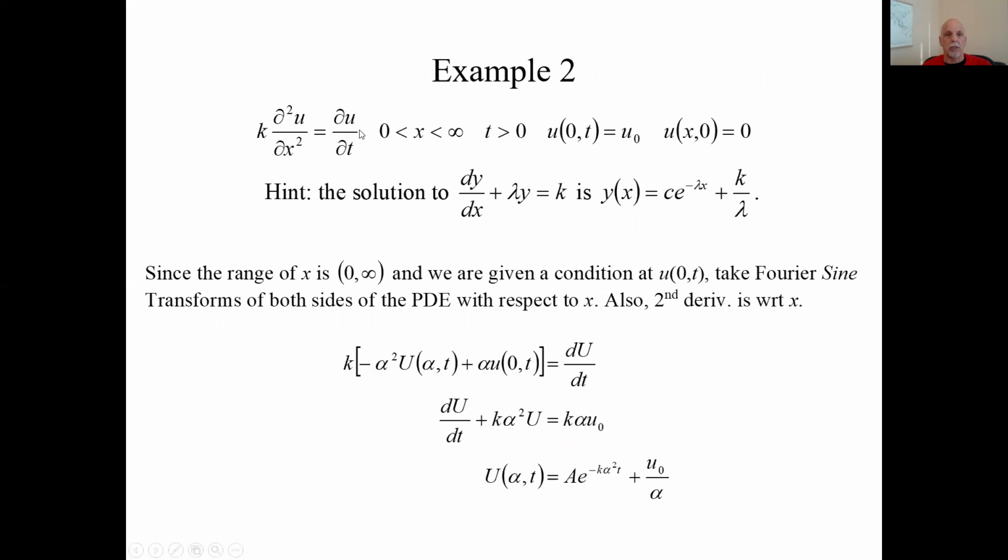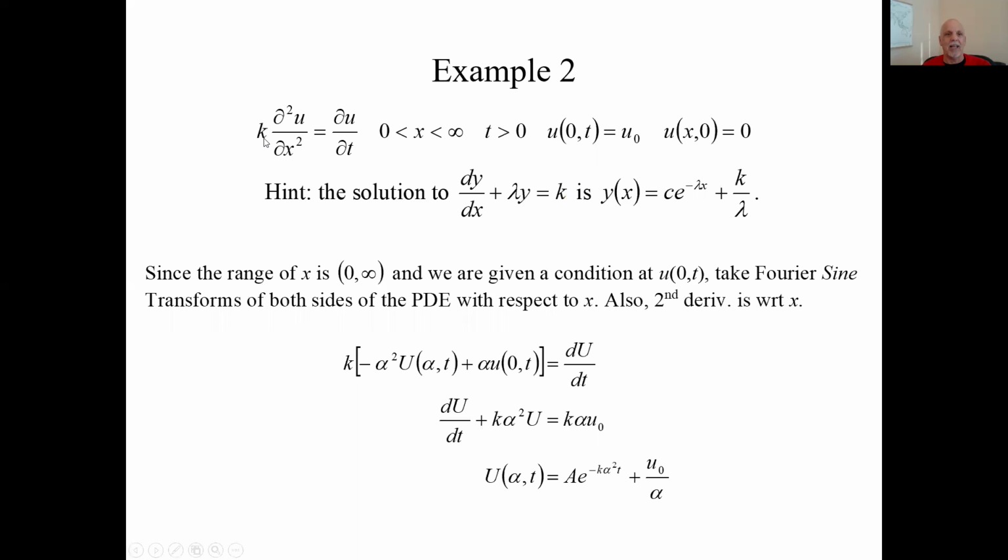And on the right, it's just the ordinary first partial derivative with respect to t. Rearrange terms, and you have this ordinary differential equation that fits this format. This lambda here will be k alpha squared. And this k here is a different k.